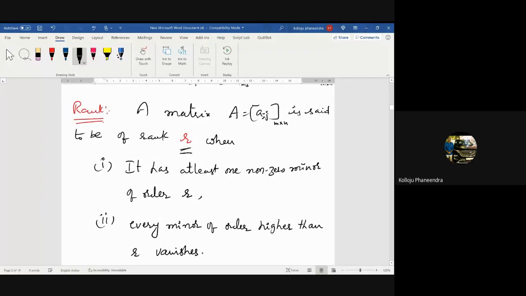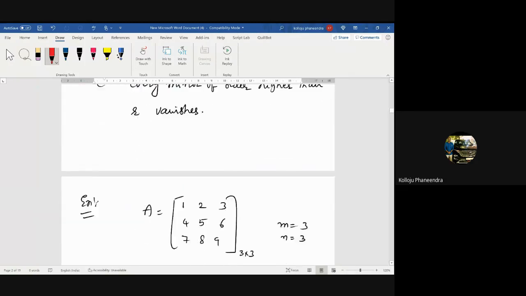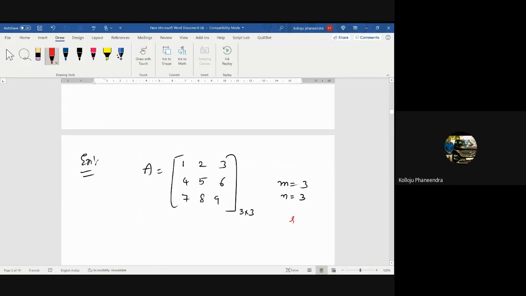What is the definition? First one, it has at least one non-zero minor of order R. Means you select R. R must be less than or equal to m and n. So m equal to 3, n equal to 3 here.